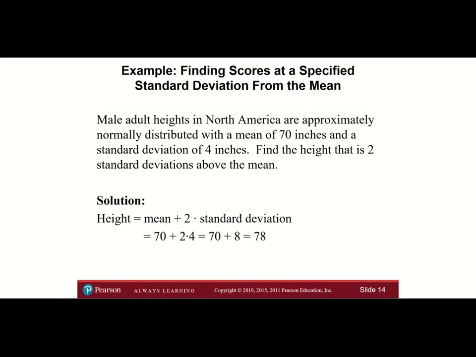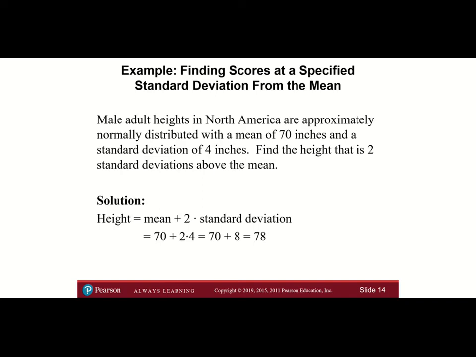All right, so here we know that the average, or mean, height of an adult male is 70 inches, and there's a standard deviation of 4 inches. So that means, for every standard deviation, it either goes up or down 4 inches. And they want us to find the height that is 2 standard deviations above the mean. So think above, it's going to be higher than the mean.